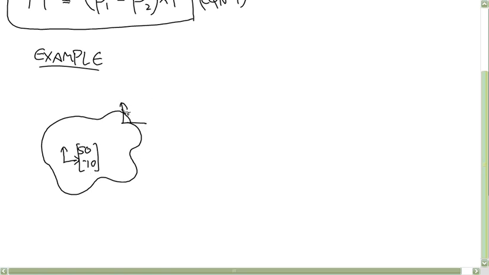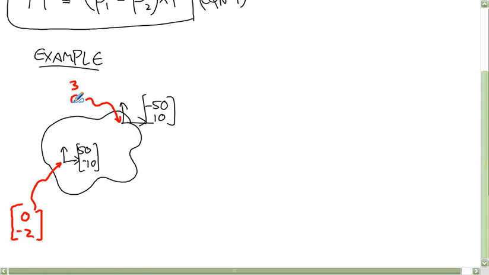And here you have a force of negative 50, 10. This point is 0, negative 2. And this point is 3, 0. Okay. And we want to know what's the moment produced by this couple.